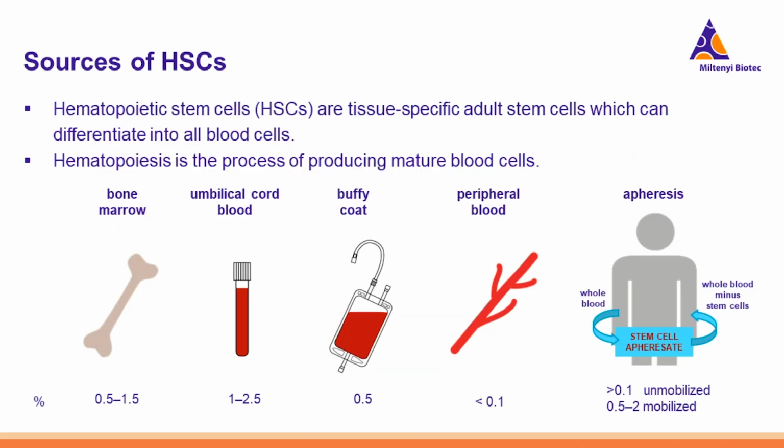HSCs are tissue-specific adult stem cells, which can differentiate into all blood cell types. Simply, the process of blood cell formation is called hematopoiesis. It occurs in the hematopoietic system, which includes organs and tissues such as the bone marrow, the liver, and the spleen. The first signs of hematopoiesis occur during embryonic development in blood islands within the yolk sac and in the aortic gonad mesonephros region.